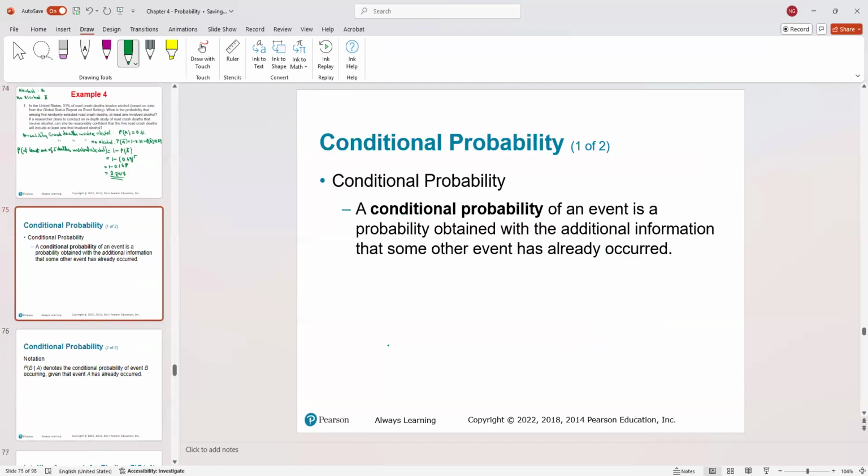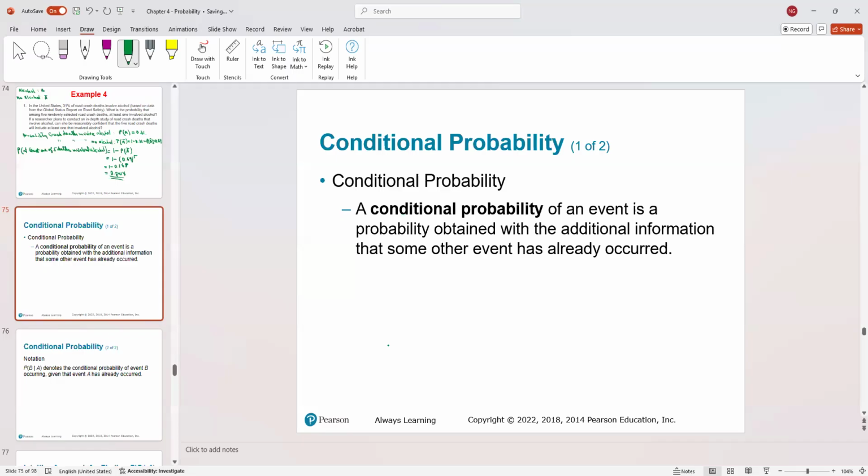Now, conditional probability, let's talk about it. Very important to address. We now consider the principle that the probability of an event is often affected by knowledge that some other event has occurred, right?